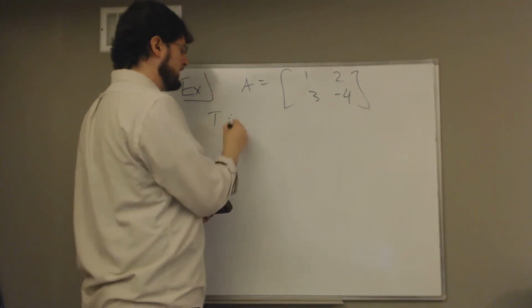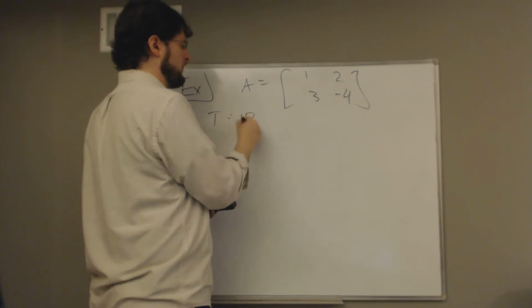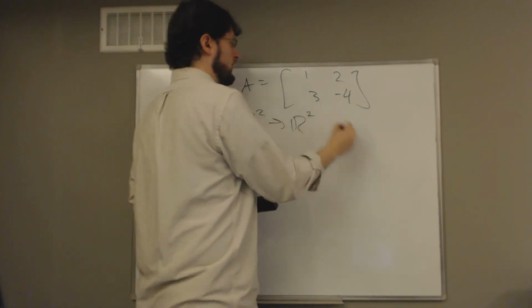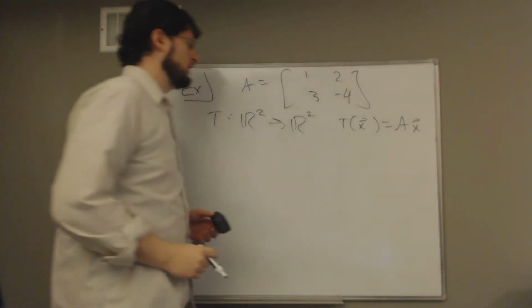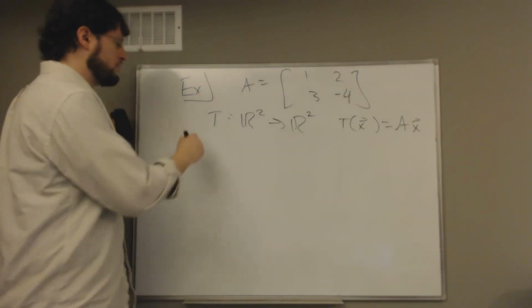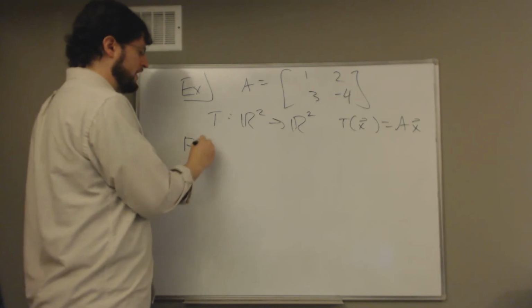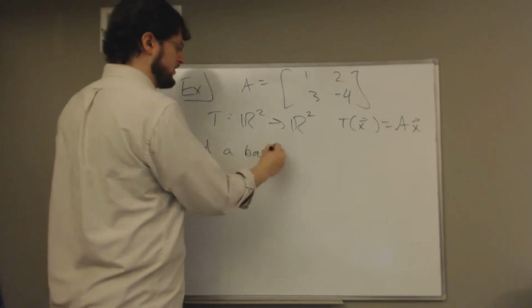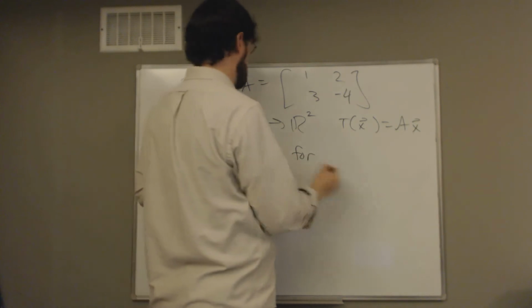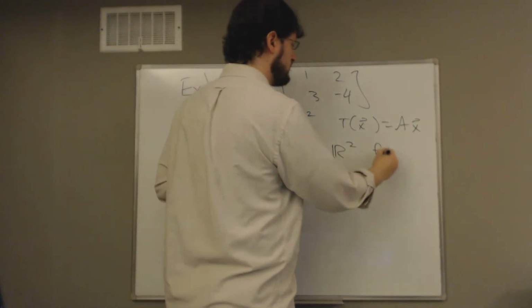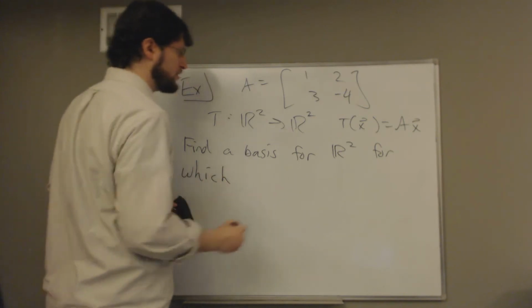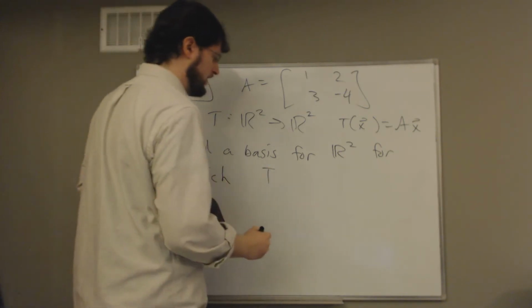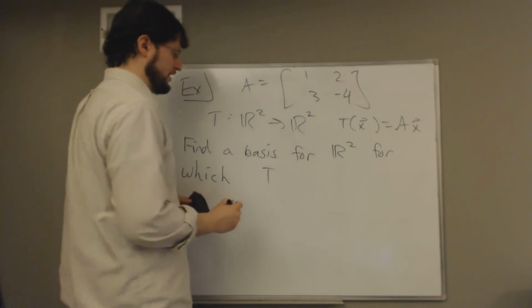Let's think about a linear transformation T from R2 to R2, given by T of x is Ax, just multiplication by A, our favorite. And our question might be the following. Find a basis for R2 for which the matrix for T relative to that basis.